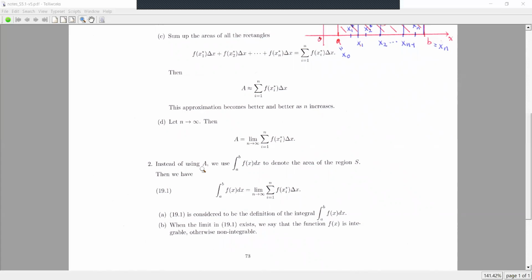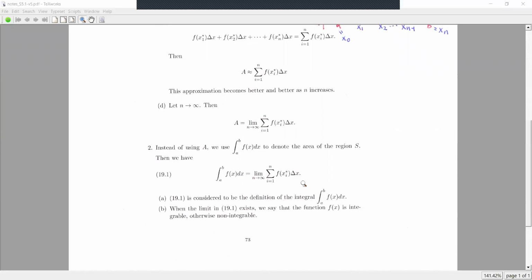Instead of using A, we usually use this integral notation to denote the area of the region S. This integral notation, as we have seen in the last class, contains information about the 4 steps. Now usually we don't use A, but use this integral notation to denote this limit. So the integral is this limit.